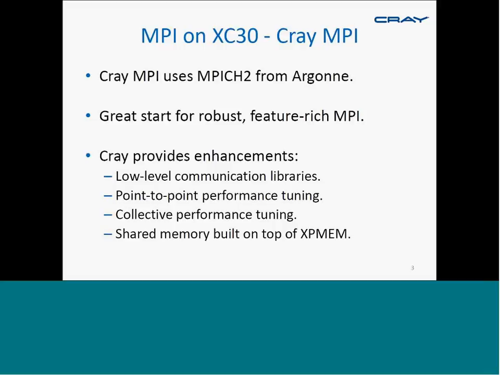Primarily, that's a low-level communication library and then performance tuning for point-to-point and collective operations across nodes. So that would be inter-node, not intra-node communication. That's where a lot of the performance tuning is done. And in addition, there is some tuning of intra-node communication with XPMEM, which I'll try to bring up right.